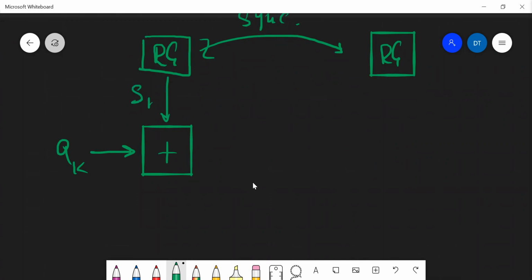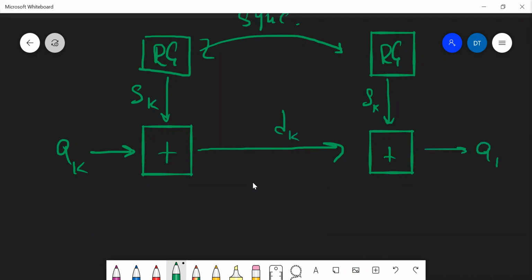This guy sends you the kth random number. Then you send the result to the other person. And here, exactly the same random generator, synchronized with yours, generates exactly the same symbol s_k, and adds it to the bit that came here, which is d_k, and you extract the required bit a_k.